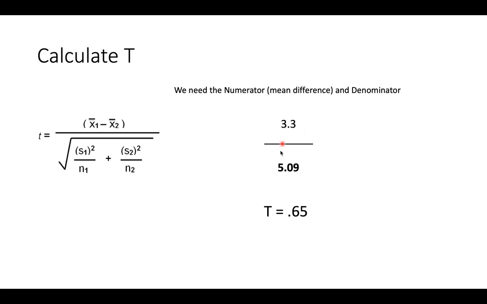But what the t-test is telling us is that we should expect a difference of 5. So 3.3 doesn't look very special if we should, on average, expect a difference of 5. So we produce a small t-value, 0.65, and this is going to end up being not significant.